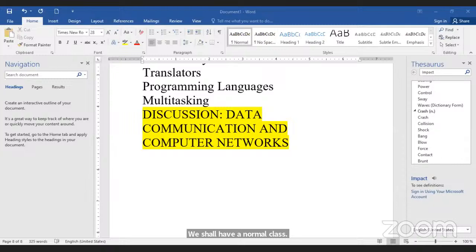Then at 5 p.m. we have a CAT. Okay. On 11th of December, in the morning we shall have a normal class. Then in the afternoon from 5 to 6 we shall have a CAT 2.